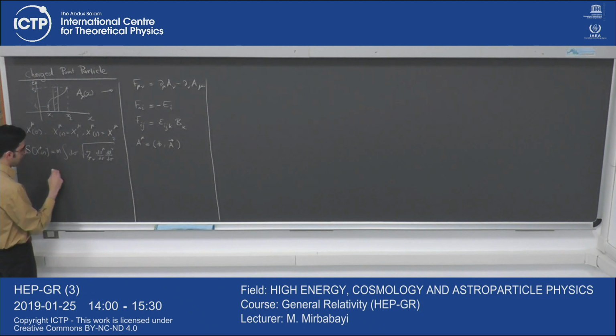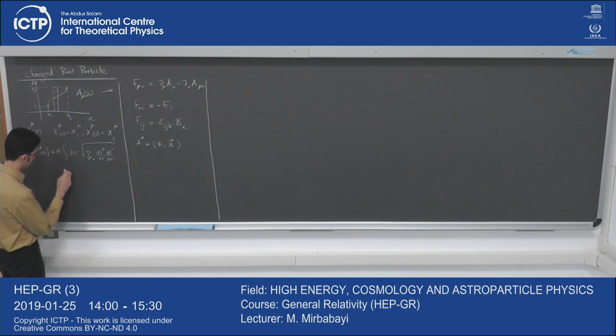But when I add an additional term, then it does make a difference. Then it plays the role of the mass of the particle. And I'm putting it here because eventually it will give me the right equation of motion with mass sitting at the right place.